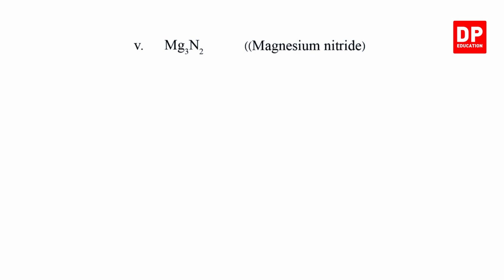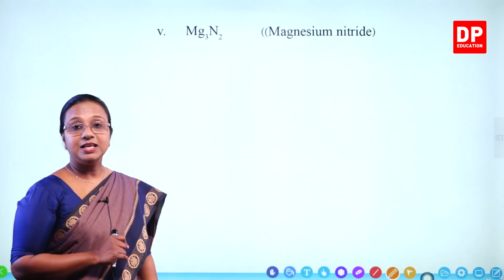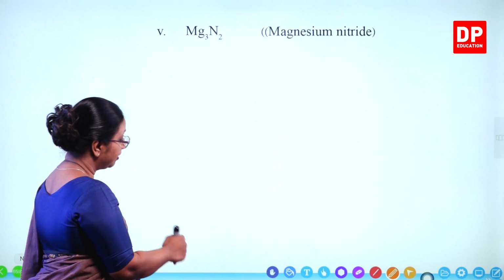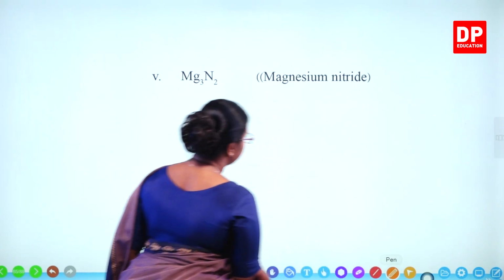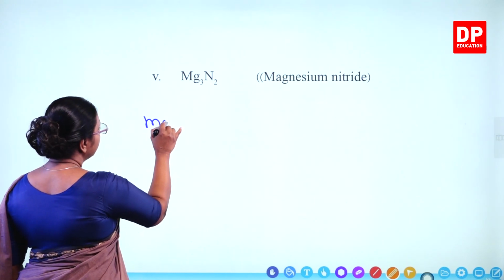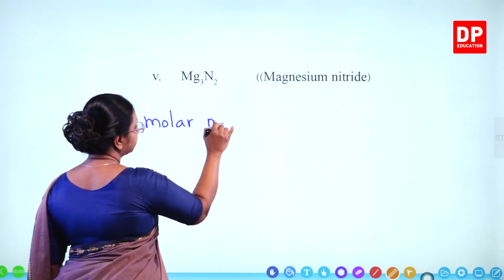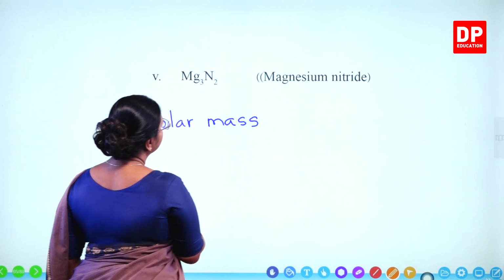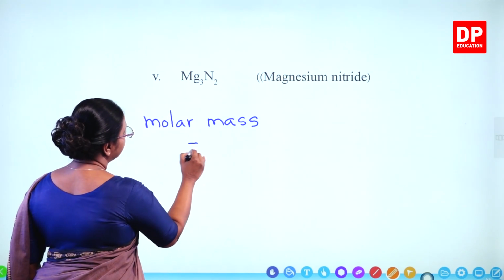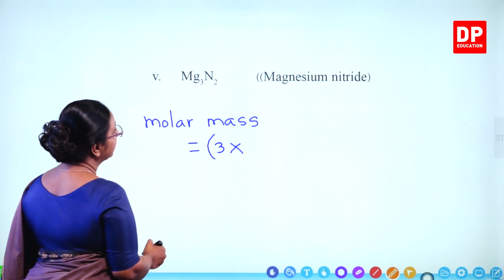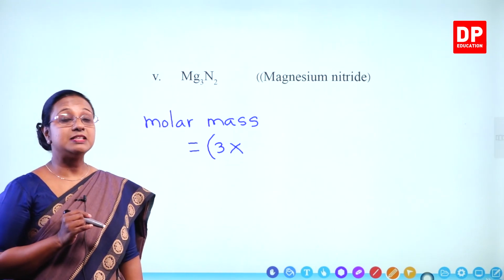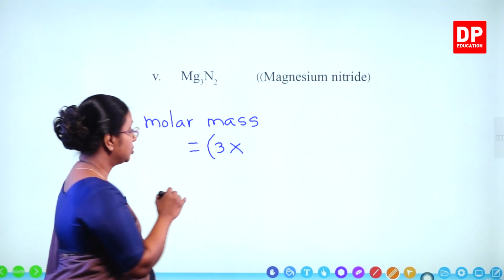Magnesium nitride. NITRIDE. Mg3N2. That is magnesium nitride. So if you calculate the molar mass for magnesium nitride, here you can see magnesium. There are 3 magnesium atoms. And what is the relative atomic mass? It is 24.